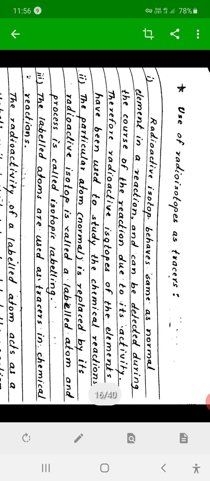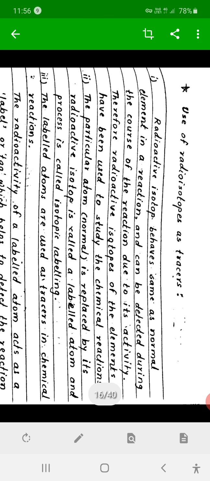Atoms of the same element. Same element means same number of protons, same atomic number. Atoms of the same element having the same atomic number but different mass number.